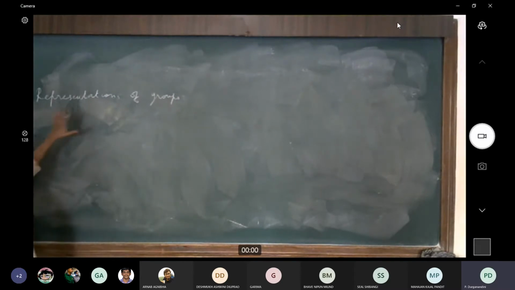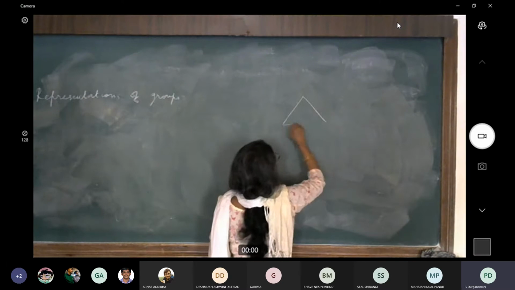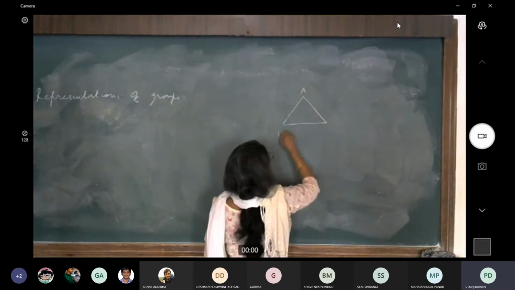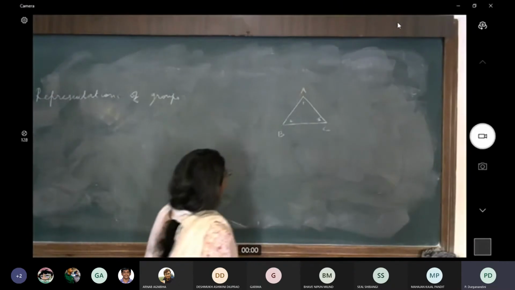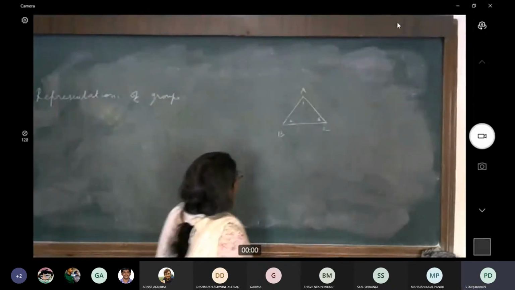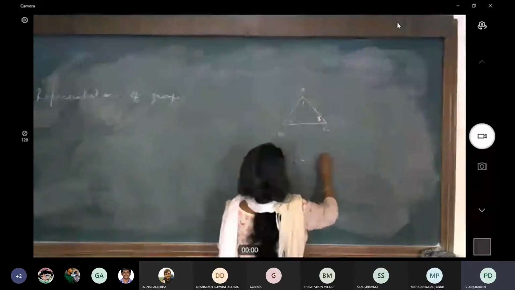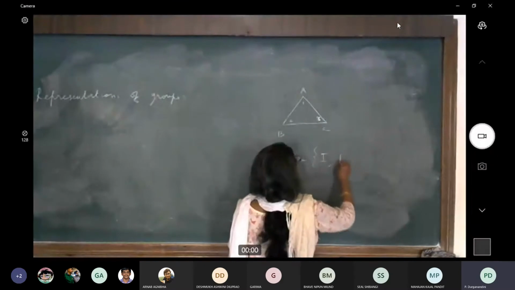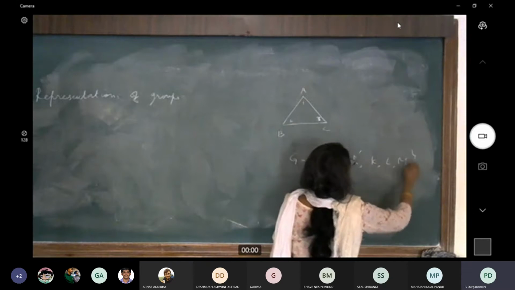So what do we mean by this? Given a group G, let me tell you why we are concerned with it. Let me go back to my example here, that equilateral triangle example. So we found that I can write down the symmetry group for this in terms of the identity element, then R, R prime, and K, which we defined earlier.